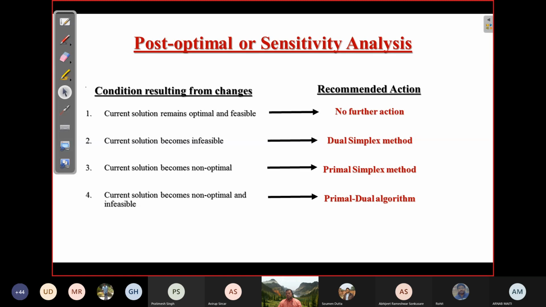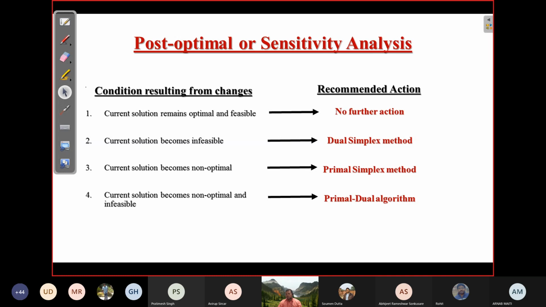Then we checked how the objective function value and the optimal solution change if we change the profits associated with the products, or the availability of the raw materials, right?